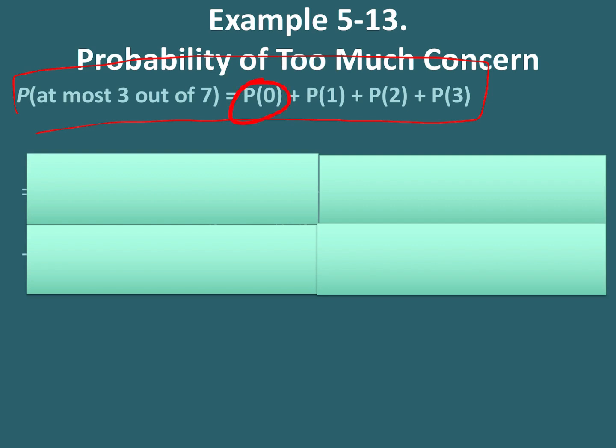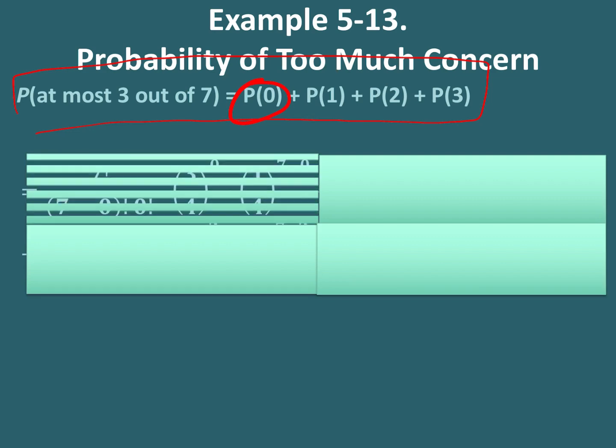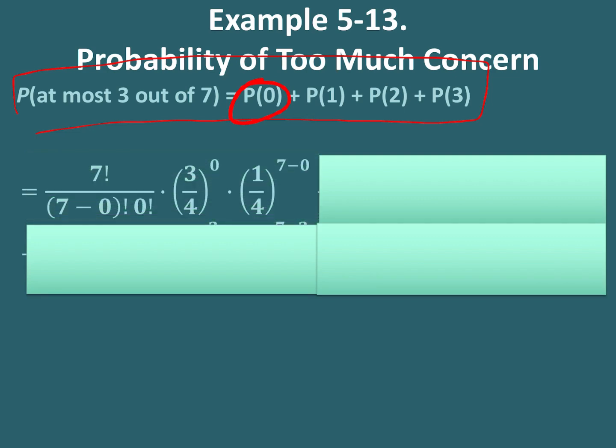The probability that none of the 7 students agree is calculated as follows. 7 factorial divided by (7 minus 0) factorial times 0 factorial times the probability P of 3/4 to the 0 power times the complement of 1/4. Remember, you just simply subtract from 1, to the 7 minus 0 power.